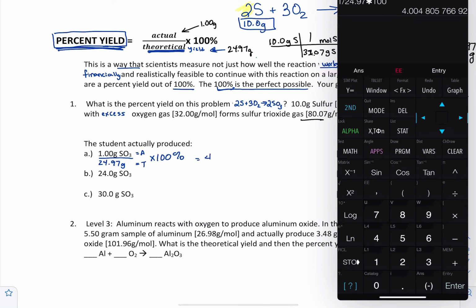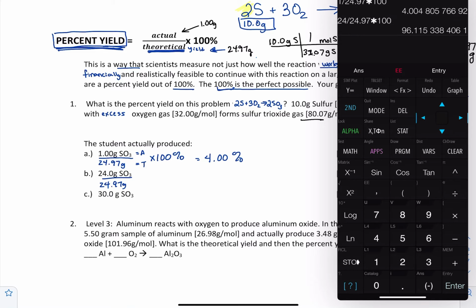Looks like it's 4.00%. Now let's try it for the next one. 24.97 grams. 4 divided by 24.97 times 100.